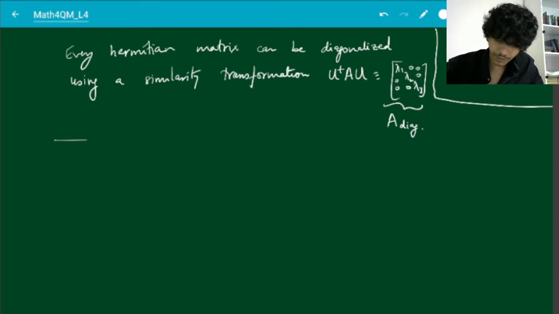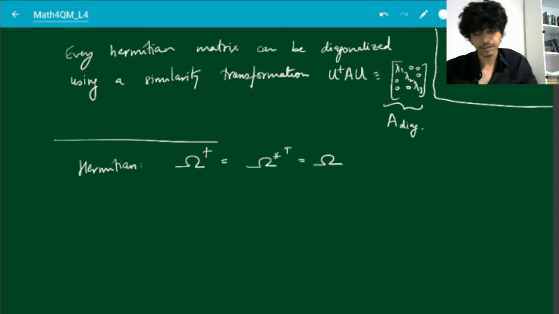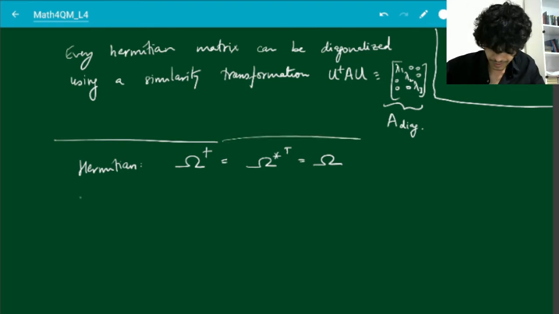Just to remind you one more time, how do you check if a matrix is Hermitian? You have to take its complex conjugate transpose, which is called the adjoint, and this should be the original matrix itself. This is the definition of Hermitian. How do you check if a matrix is unitary? You have to check that U adjoint is the same as U inverse.